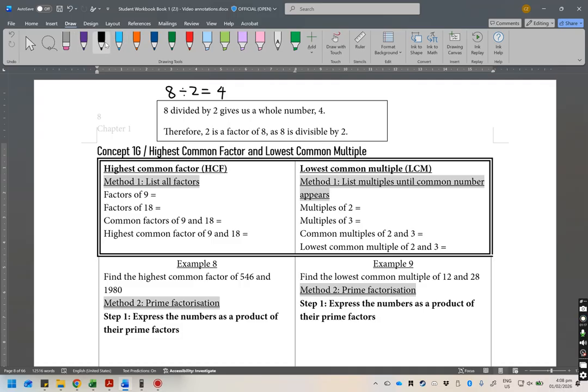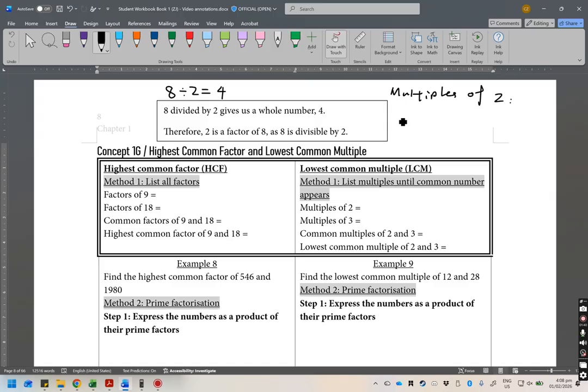On the other hand, multiple means you multiply 2 by a whole number. So let's say I want multiples of 2. This means I will multiply 2 by a whole number.